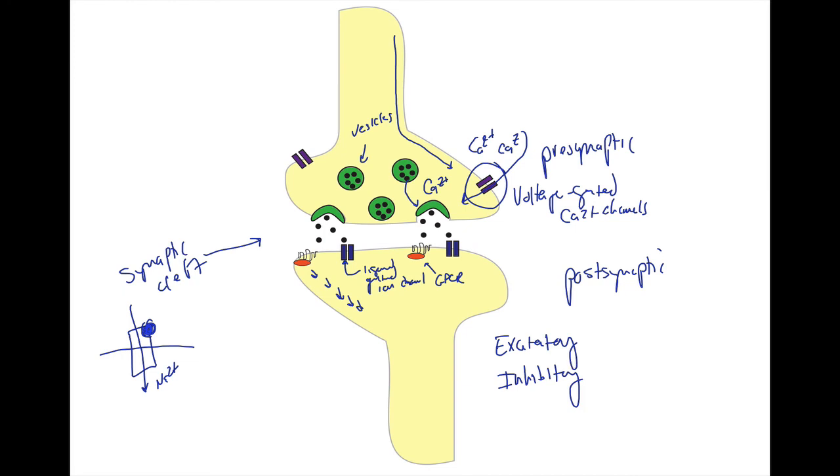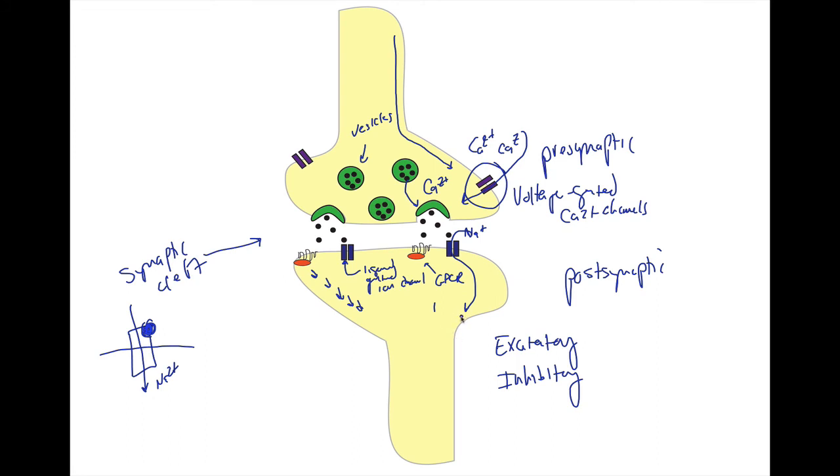So in the case of excitatory, the binding of neurotransmitter leads to a membrane potential change that stimulates the formation of a new action potential. So for example, if this were the acetylcholine receptor, the acetylcholine would bind and lead to the influx of positively charged ions like sodium, and that would cause depolarization in the postsynaptic neuron.